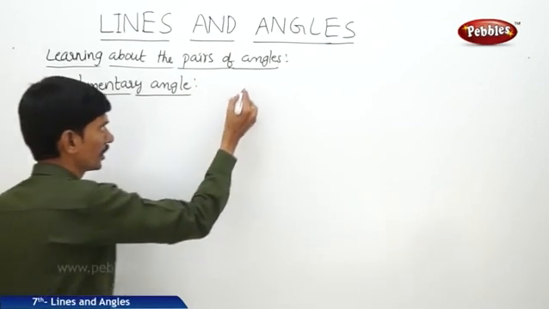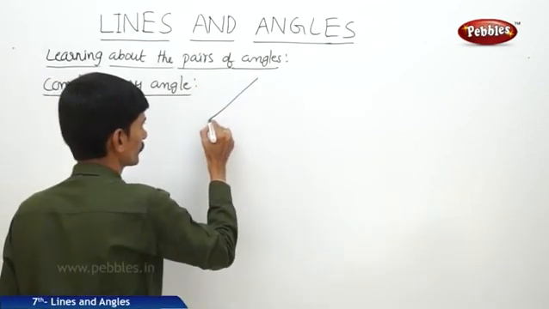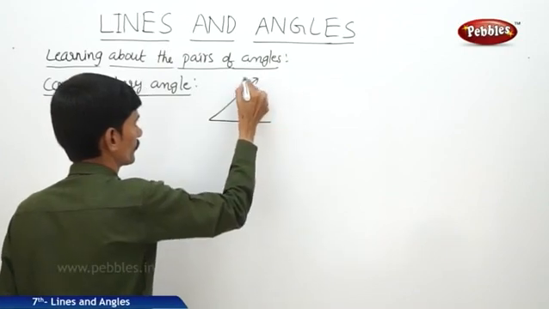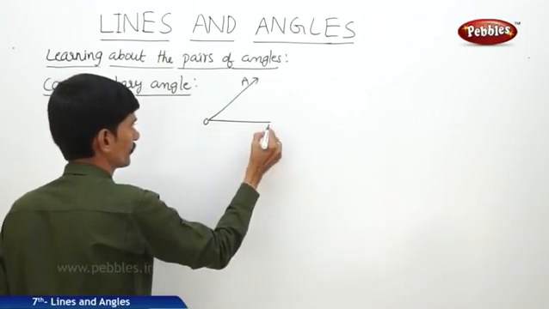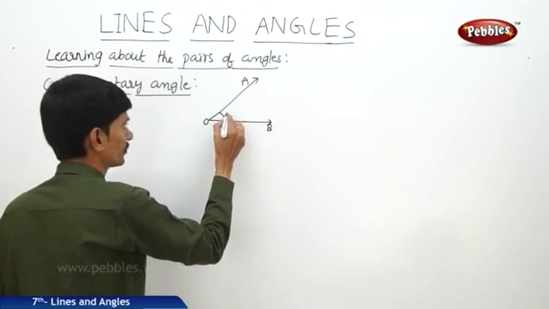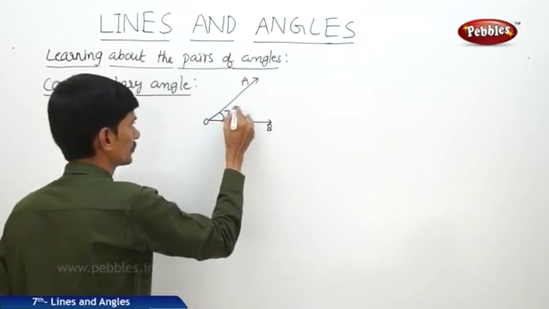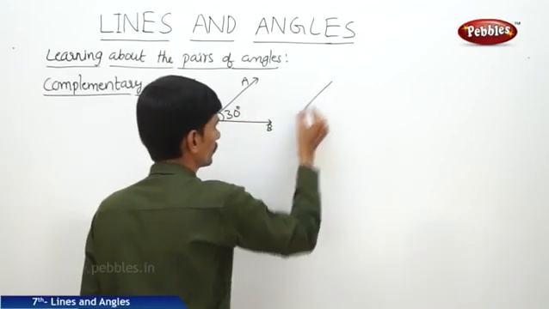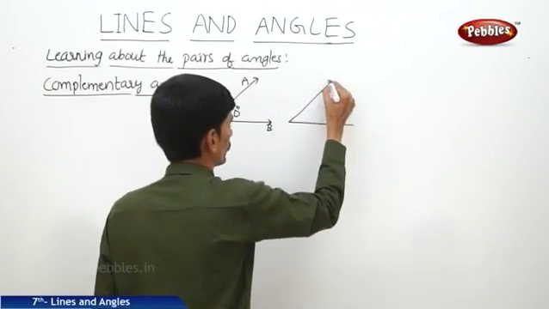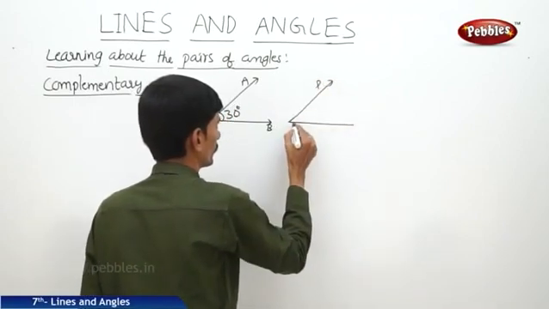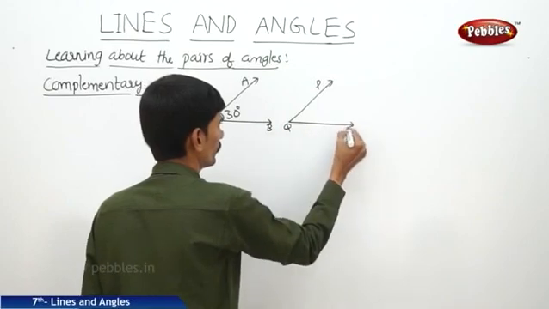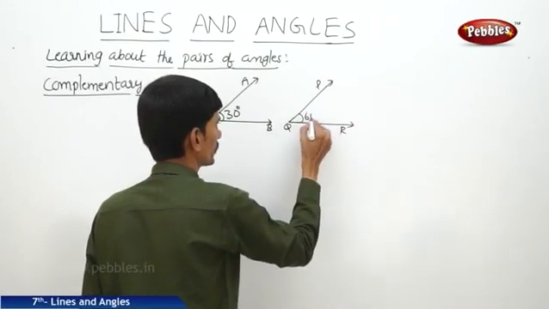For example, angle AOB is 30 degrees and angle PQR is 60 degrees.